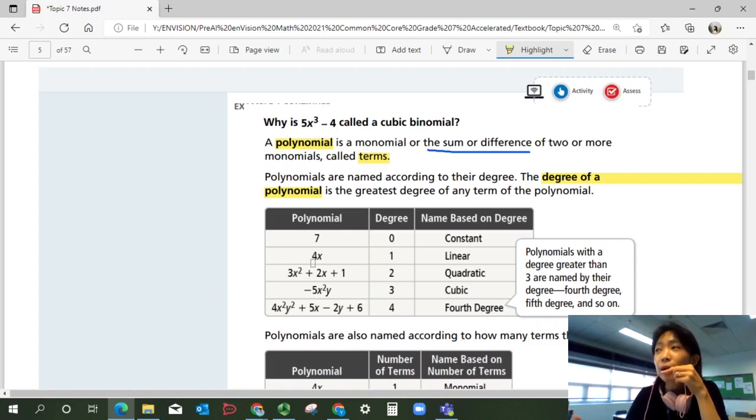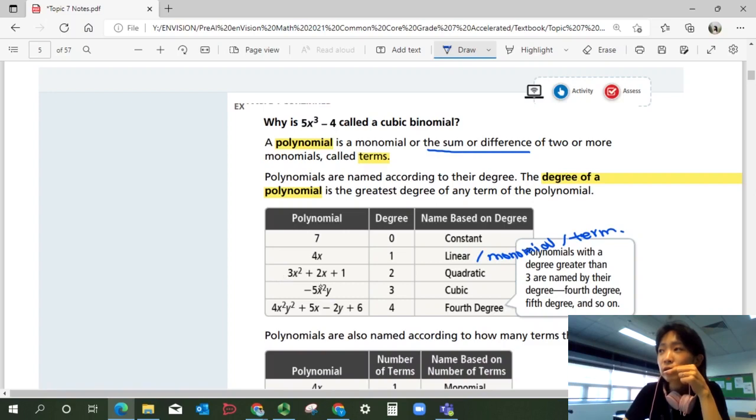And the degree, the power of x, it looks like there's no power, but if you have x, that means you have x to the power of 1. Okay? X to the power of 0 is 1, so that's a constant. That means your variable is gone. So 4x could be called linear, or this is called a monomial, or it could be called a term. Okay, one term.